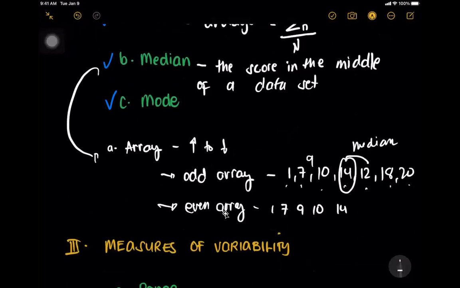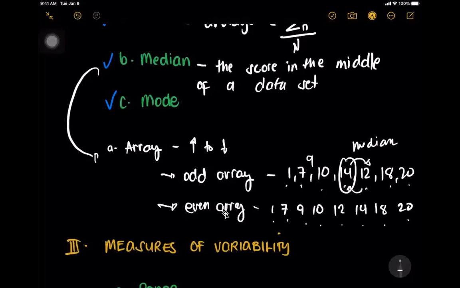Sorry, the 12 and 14 should be exchanged, my bad. Please note, it should be 12 and 14, not 14 and 12. So 1, 2, 3, 4, 5, 6, 7, 8. You have a total of 8.